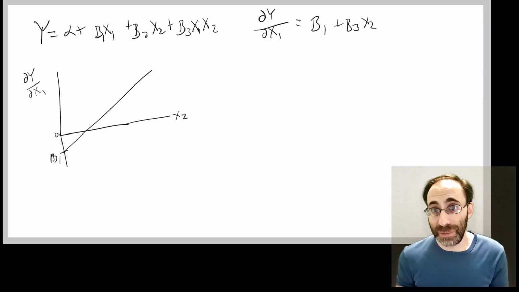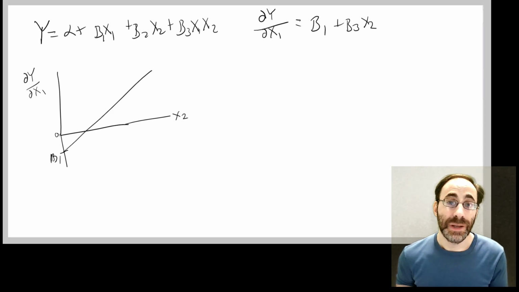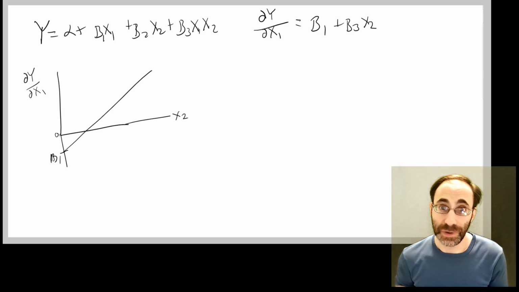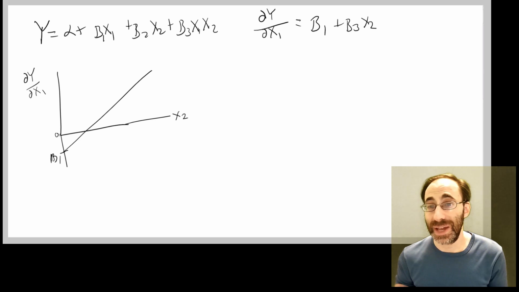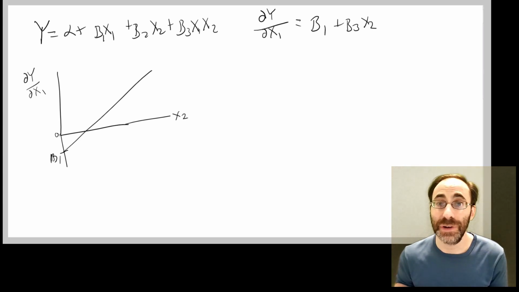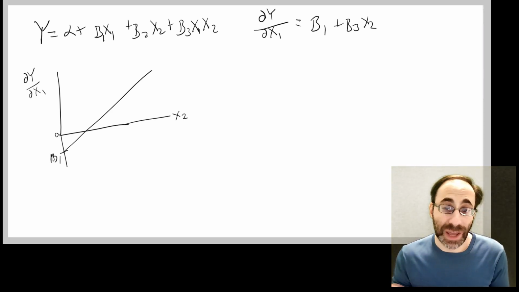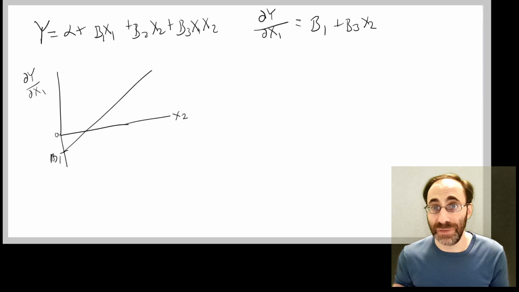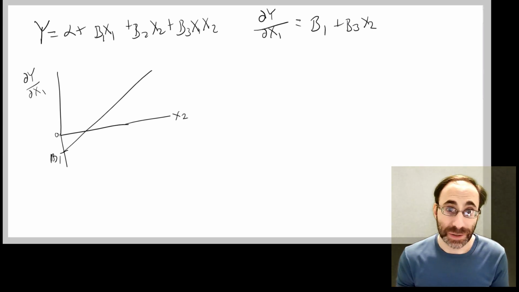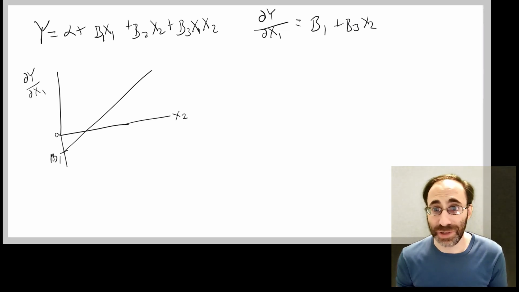What we didn't talk about very much was uncertainty. Because beta 1 hat is going to be an estimate of beta 1 from our sample, and beta 3 hat is also going to be an estimate of beta 3 from our sample, we're going to have uncertainty inherent in our estimate of the marginal rate of change of y with x1. How do we capture that?